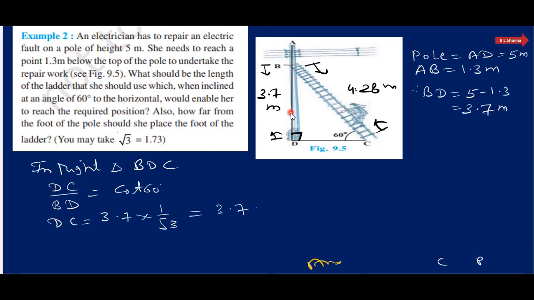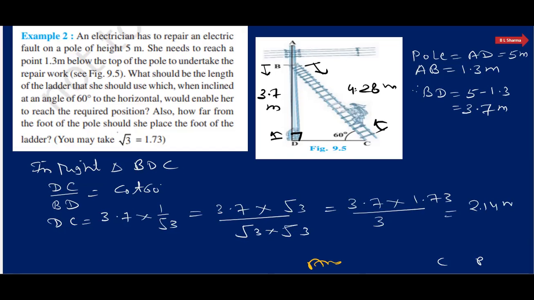We can write 3.7 upon root 3. Rationalize the denominator. And 3.7 into 1.73 upon 3. On calculating, it will come around 2.14 meter. Therefore, we can write the answer here.